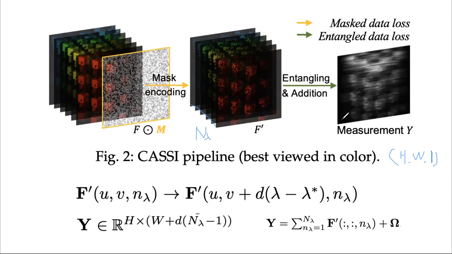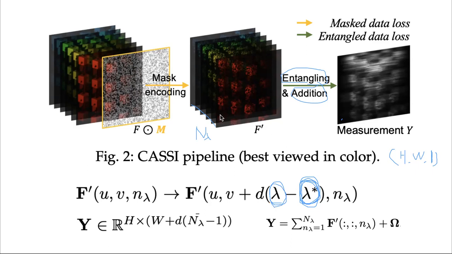However, before the addition there's an entangling. The entangling is a shift in the y direction. Here lambda star is the reference, a predefined wavelength as the anchor, and lambda is the current wavelength.